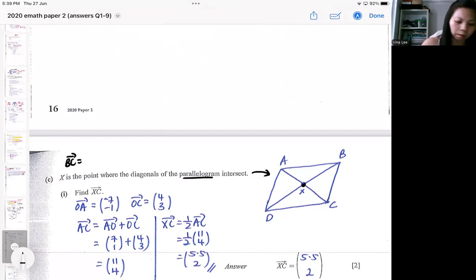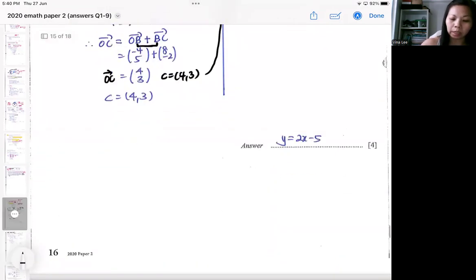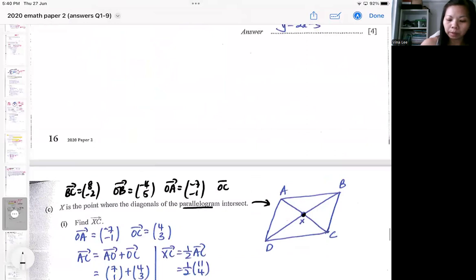You already got the column vector, and you got the position vector, you got OB, you also got OA, and in fact, here you also got your OC. So you do need to be aware of what you have by the time you are here.